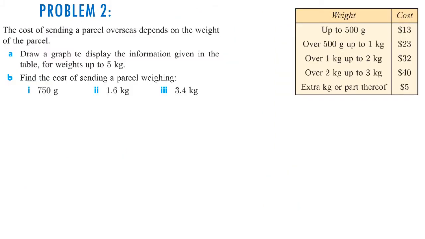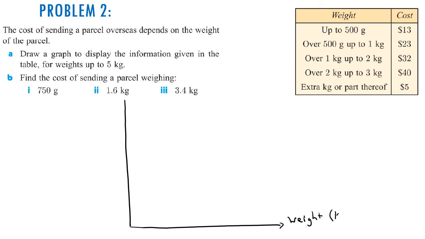Okay, so this one, the cost of sending a parcel overseas depends on the weight of the parcel. The first part would like us to make a graph of this. So I'm going to make my axes. This is weight, and this is in kilograms.